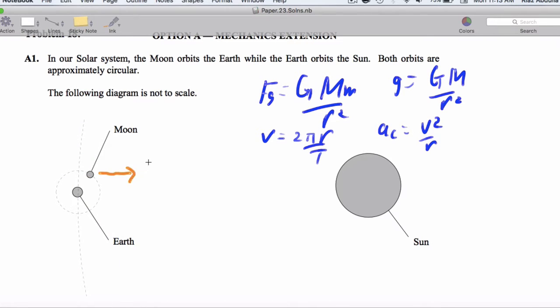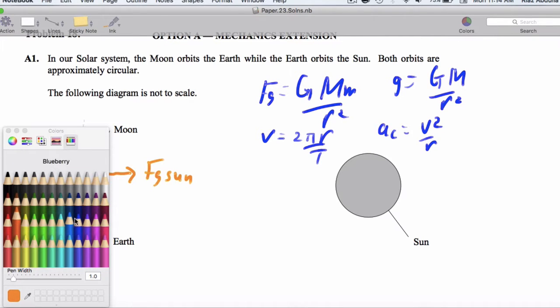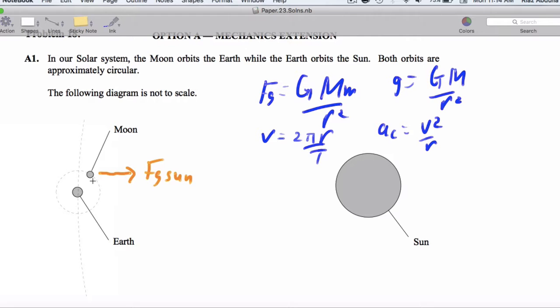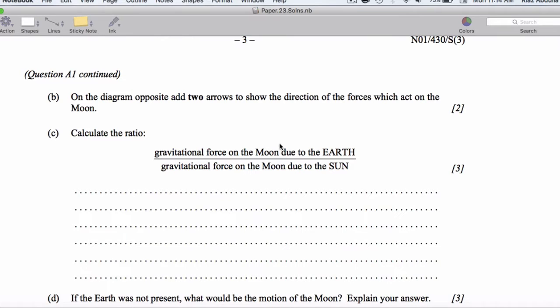So this is Fg of the sun, and then we're going to have here Fg of Earth. The arrows aren't necessarily to scale, it's just how I can draw them given the distances. So let's look at the next part.